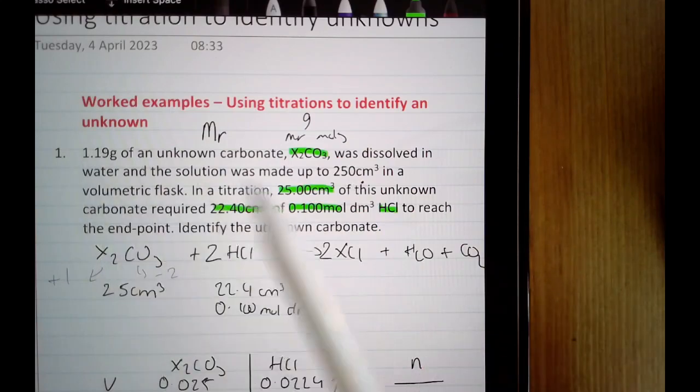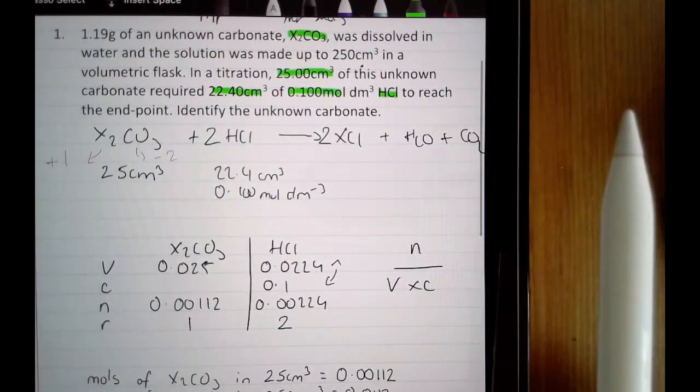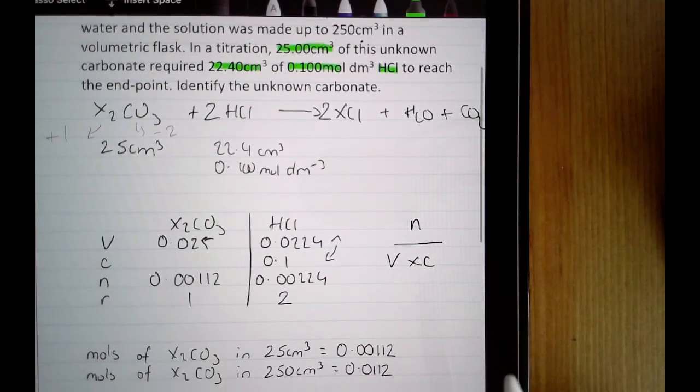So I've got mass per 250 centimetres cubed, and at the moment I've got moles per 25. I can't plug those numbers into the triangle until I've got them both per the same volume. So the easiest thing to do here is just to scale up by a factor of 10. If I want to know how many moles I've got in 250 centimetres cubed, 25 times 10 is 250, so I need to multiply my number of moles by 10 as well.